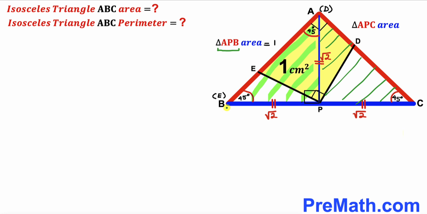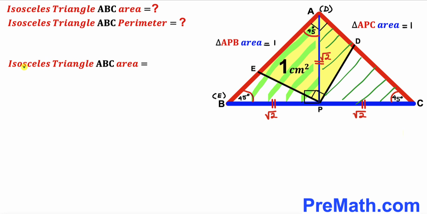You can see both of these triangles have the same base and the height is same as well. So therefore we conclude both of these triangles are going to have same area as well. You know, the area of the triangle APB is 1. So therefore the area of this other triangle APC is going to be 1 as well.